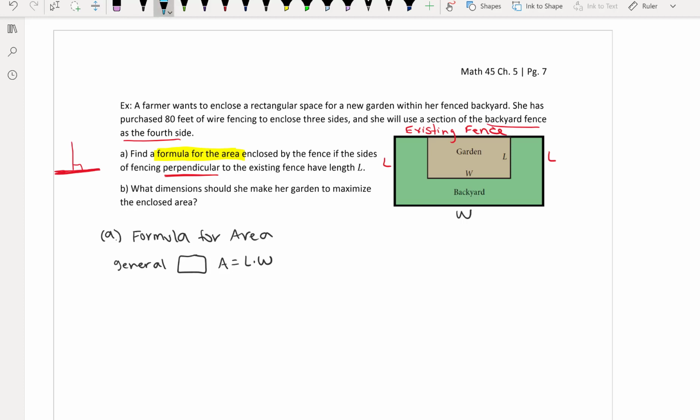And in case you were wondering, fencing really has to do with perimeter. So I'm definitely thinking about perimeter. Remember that perimeter means that you add all the sides.